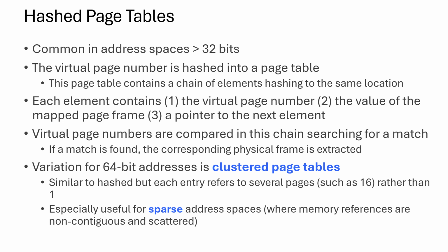The virtual page numbers in that chain are compared, searching for a match. If a match is found, the corresponding physical frame is extracted. For 64-bit addresses, we use a clustered page table, which is similarly hashed, but each entry refers to several pages, especially useful for sparse address spaces.